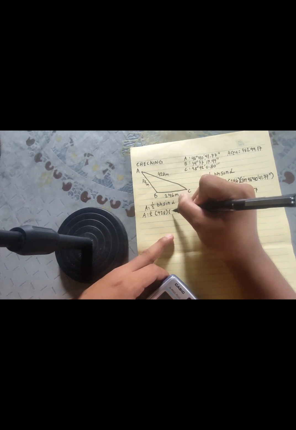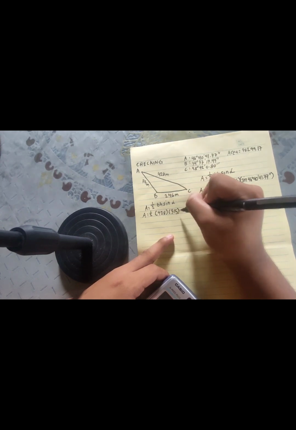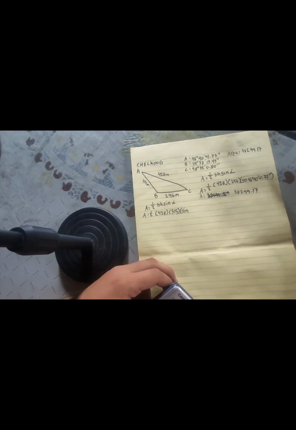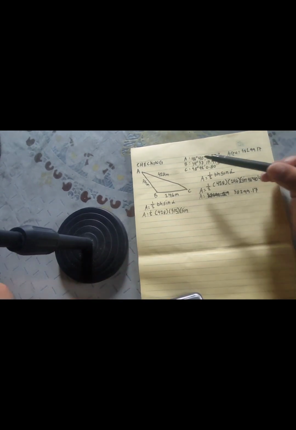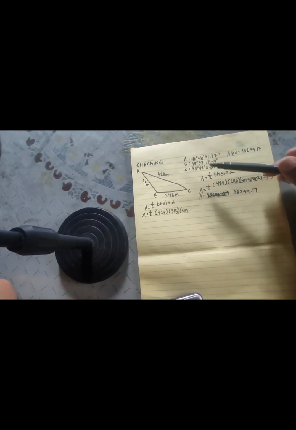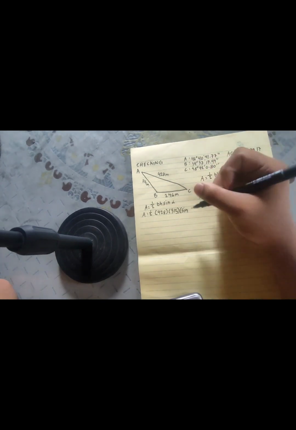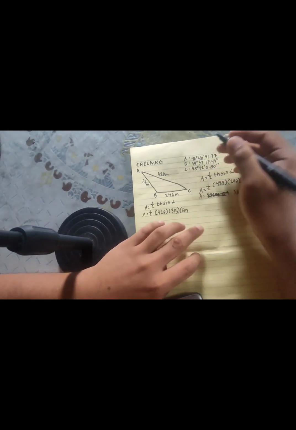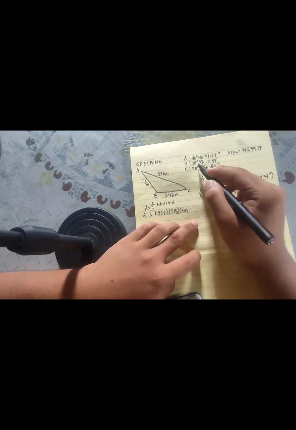So times height, which is 315, times sine. What angle are we going to use? We checked A, so in this equation, we're going to use the angle B.